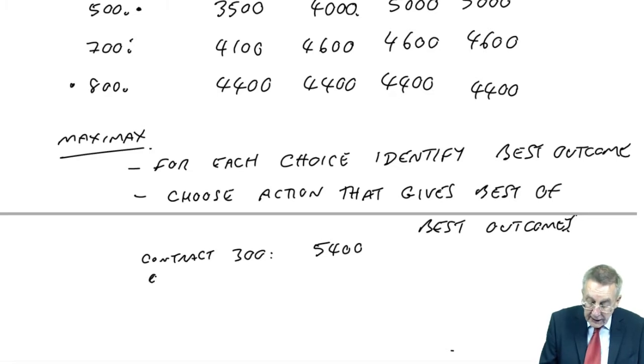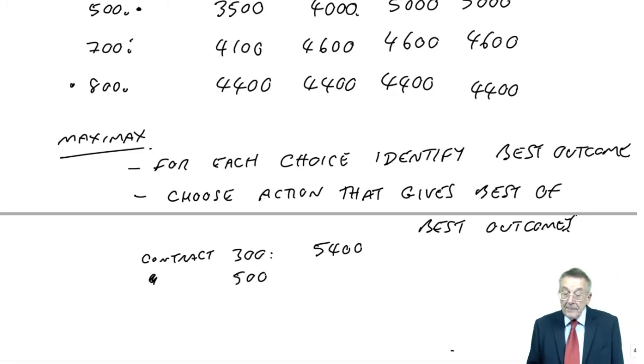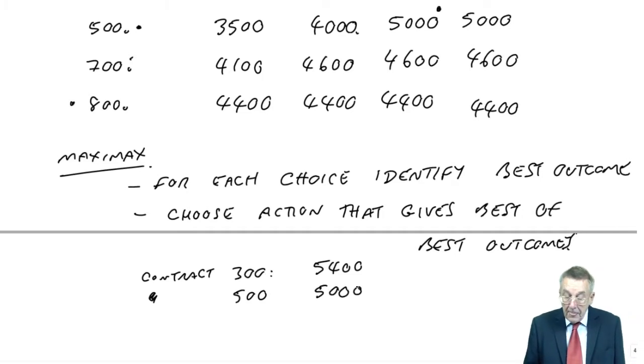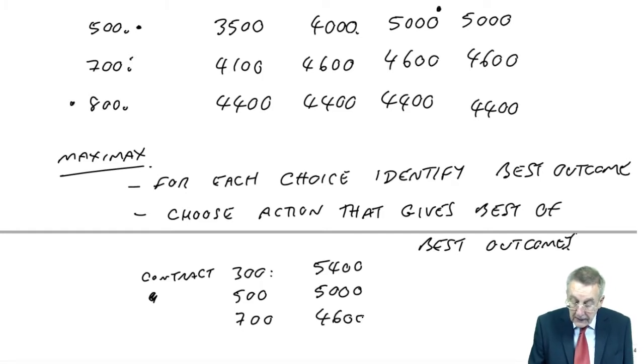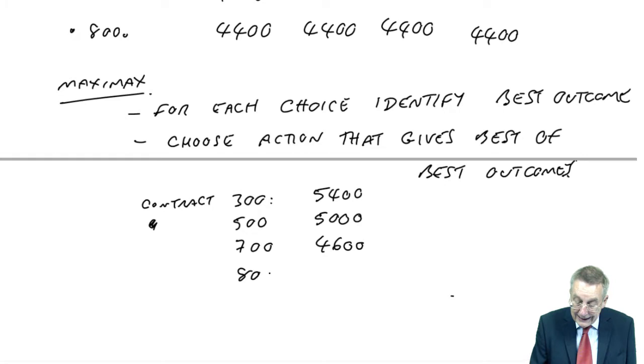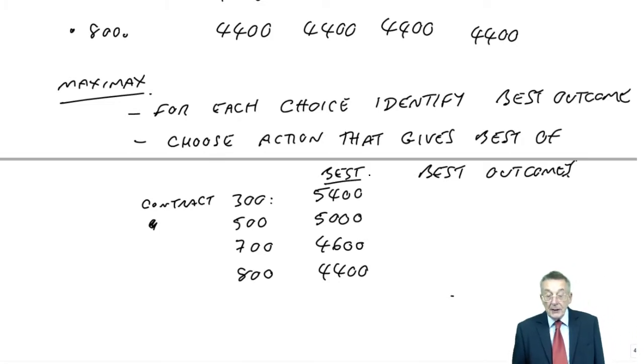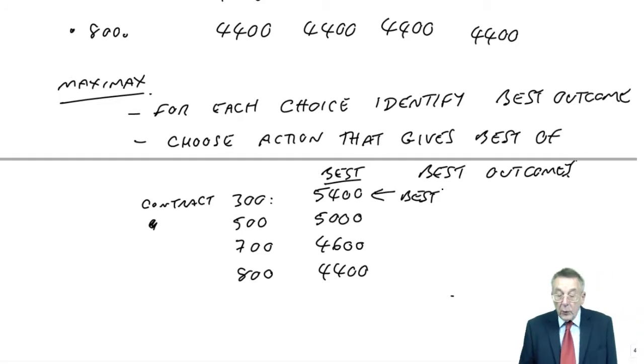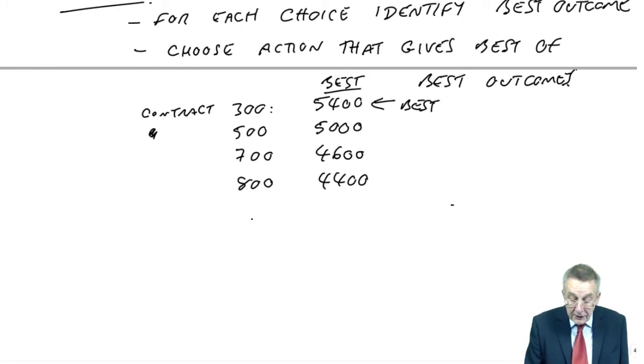On the other hand, if we contract for 500, 3,500, 4,500, 5,000, the best we can get is 5,000. 700, 4,100 and 4,600 is 4,600. 800, well, of course, the best is 4,400. So there's the best outcome we could achieve in each case. We go for the best of the best. The highest of those is 5,400. And as a result, we would contract for 300.